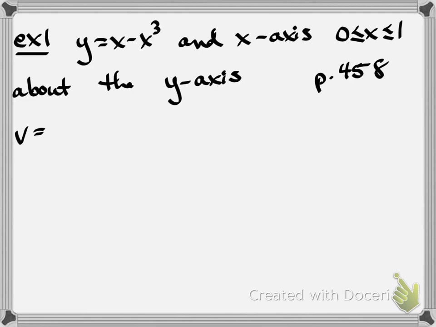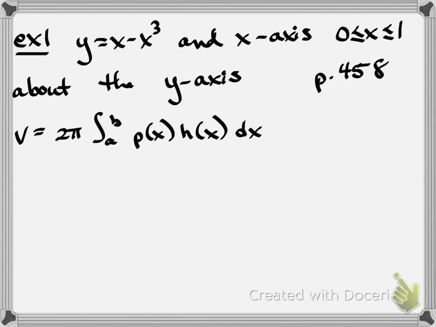The volume is 2 pi integral from a to b of p of x, h of x, dx. And you can see the picture of why they're doing that. The representative rectangle is perpendicular to the x-axis, so it's a dx. That's different than the washer method.